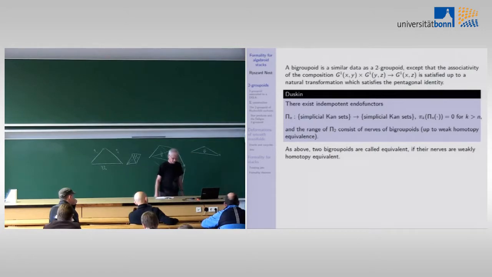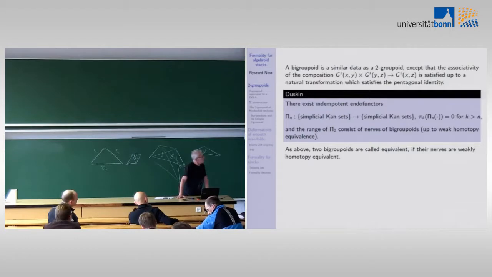Now, somehow the whole story was wrapped up by Duskin, like 20 years ago, who did the following. So what he did was to look at all simplicial Kan sets. And he constructed functors from those to themselves, such that if you look at the nth functor, it's the identity on homotopy groups in degree smaller or equal to n, and it kills homotopy groups in degree larger than n.